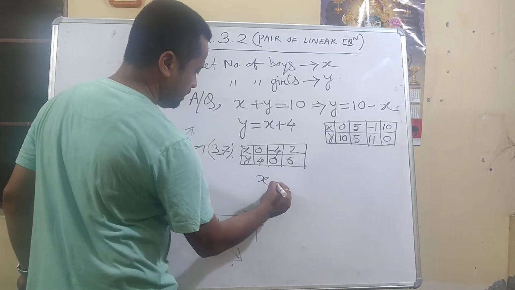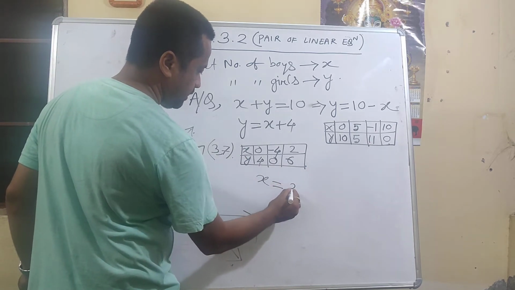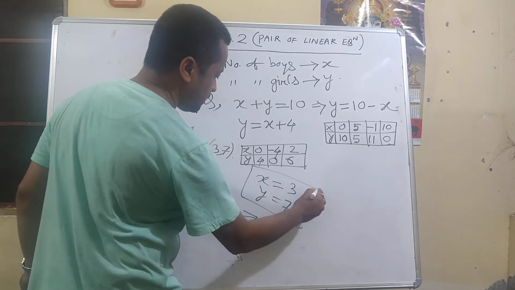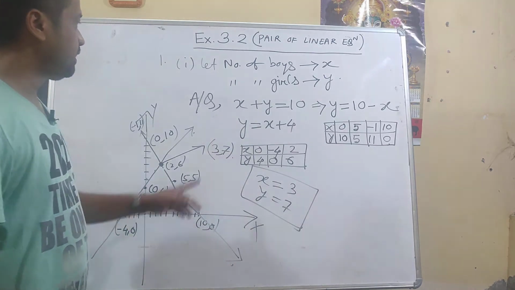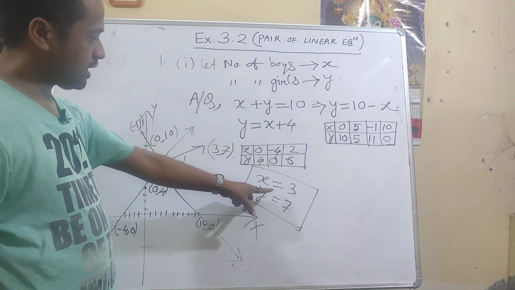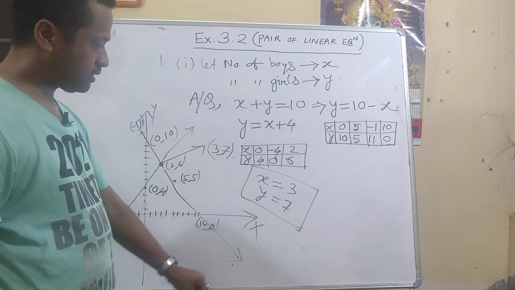So the x coordinate is 3 and the y coordinate is 7. So this is the solution: x is equal to 3 and y is equal to 7 is the solution of this first problem. That is, the number of boys is 3 and the number of girls is 7.